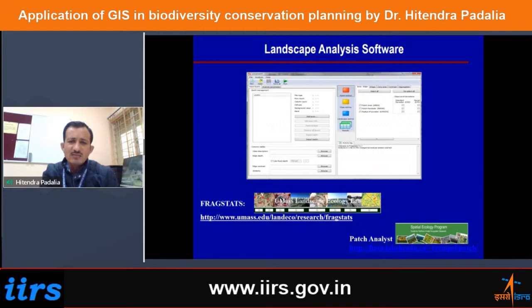There are more than 50 such metrics. Depending on your background knowledge, your understanding of the area, the problem of the species, or the literature, you can select the optimal metrics to be used in your analysis.